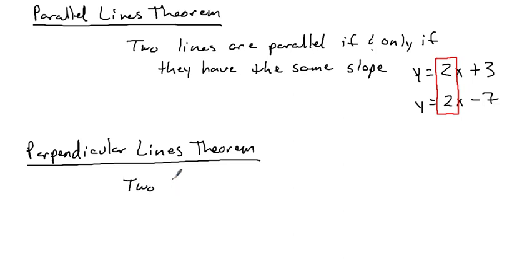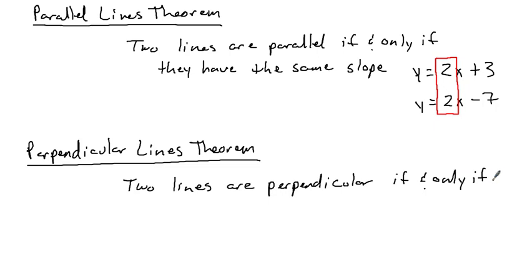So, two lines are perpendicular if and only if their slopes are opposite reciprocals.